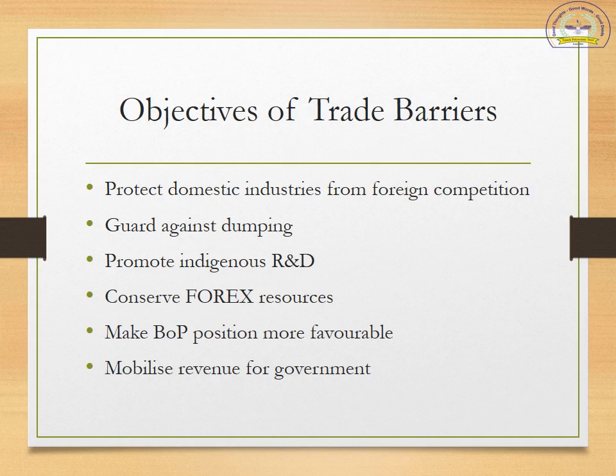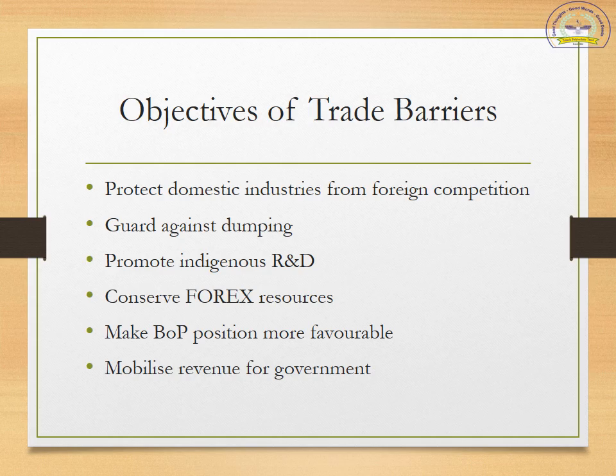This can also make the balance of payment position more favorable by trying to increase exports and decrease the imports. Trade barriers can also help to curb conspicuous consumptions. These encourage the use of domestic production in the domestic market and thereby help making the country strong and self-sufficient.